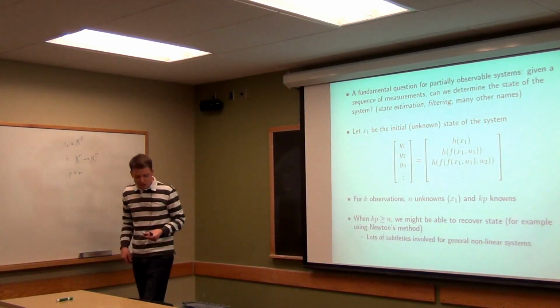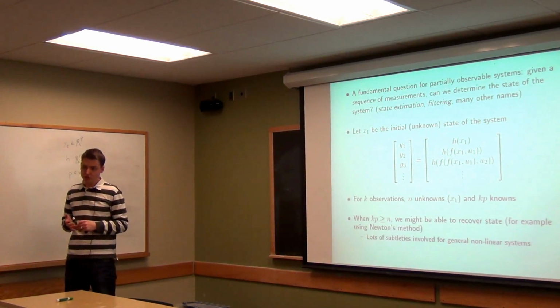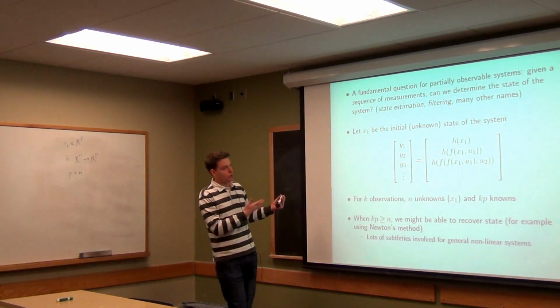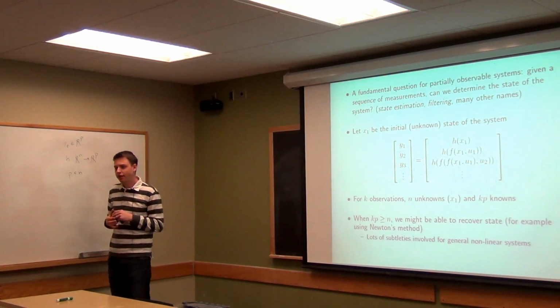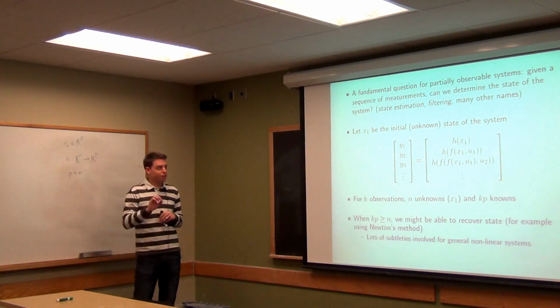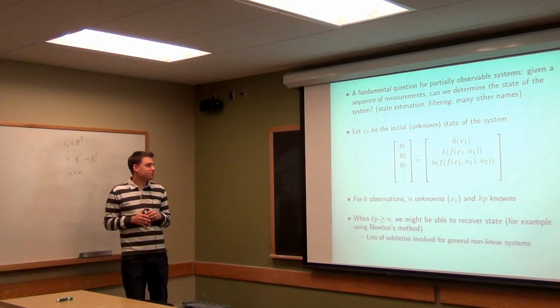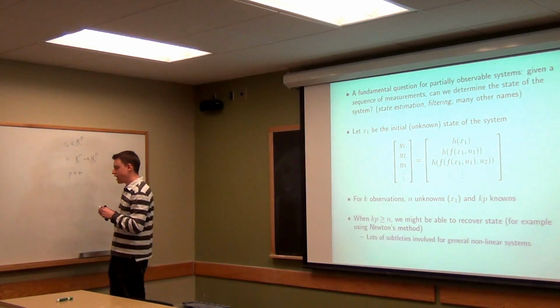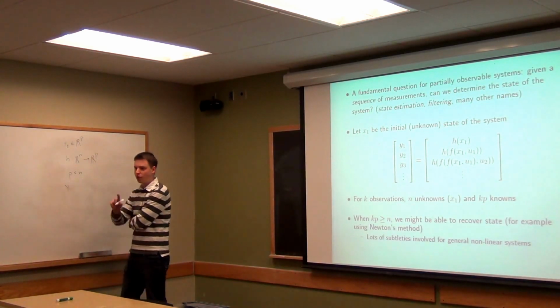And just like a big question for control was the controllability question, the similar question for partially observable systems is called the observability question. And that is, if I am given a sequence of measurements, so say I know from y1 I can't determine what x1 is.